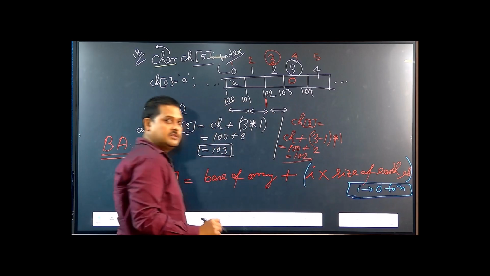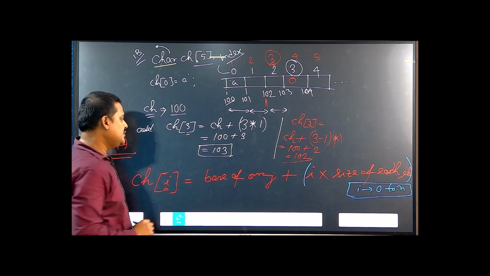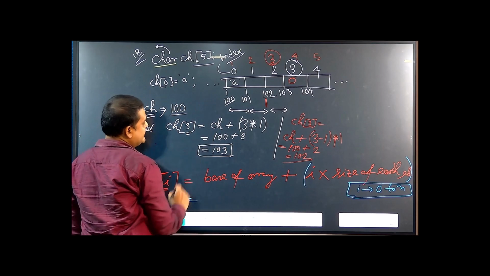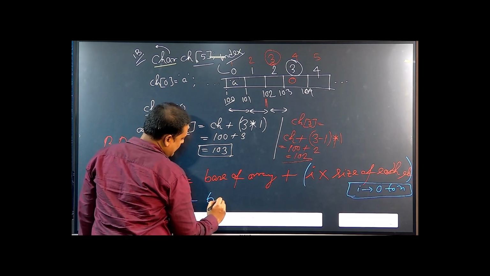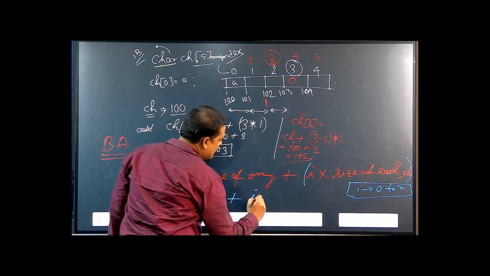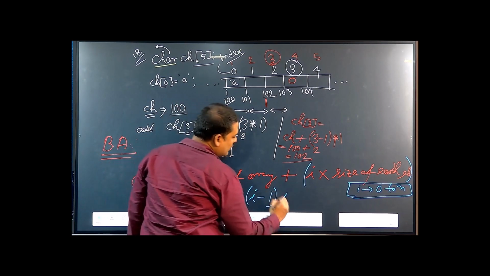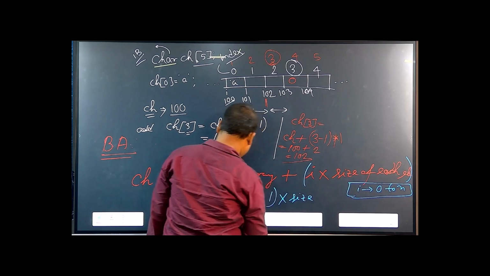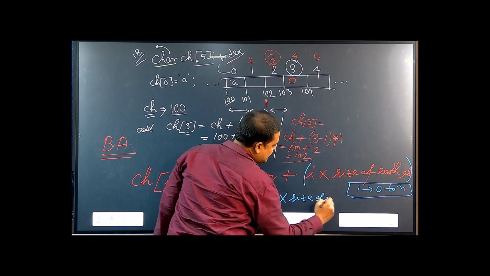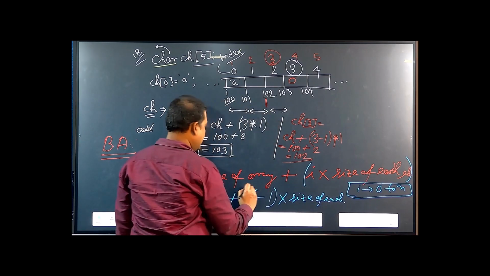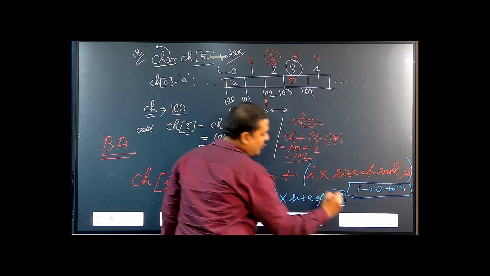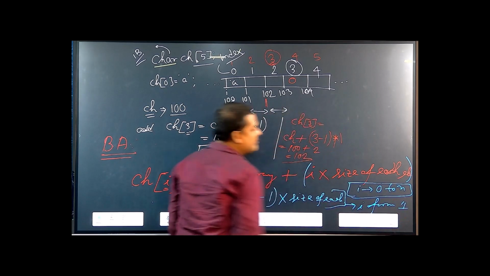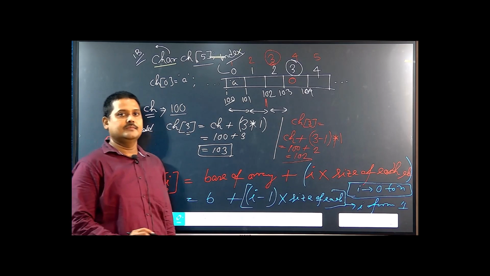Now, if the index is starting from 1, then it will be the base plus I minus 1 into the size of each element. So, this will be case 2, where I starts from 1. Okay, thank you.